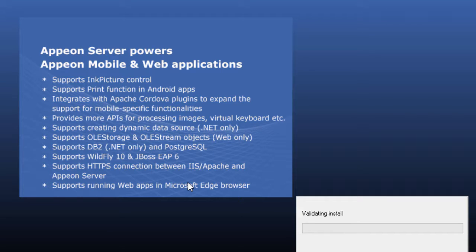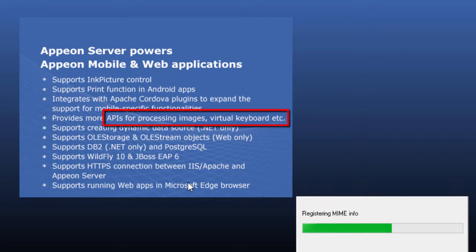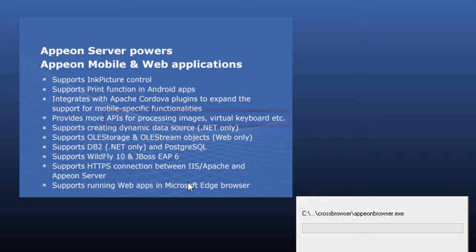Also, you can see for your Android mobile applications that printing is now supported. Apache Cordova plugins are supported for the mobile world. More APIs have been added to the Appeon base installation for helping you with imaging and keyboard handling. The dynamic data sources have been added as well, so you can do some dynamic SQL.